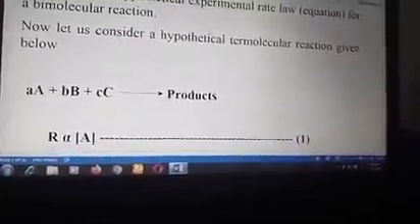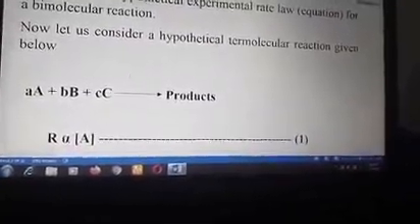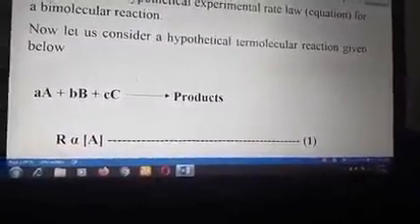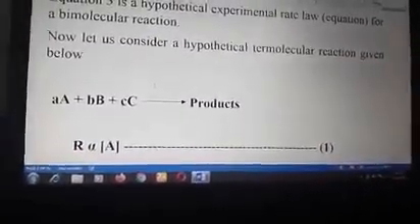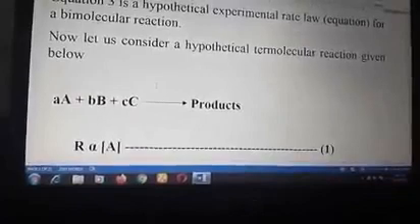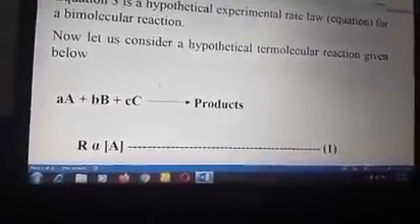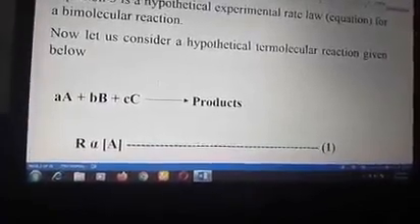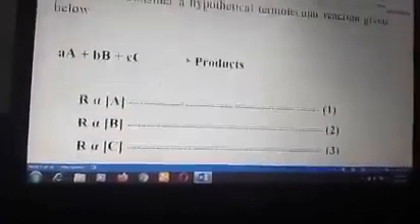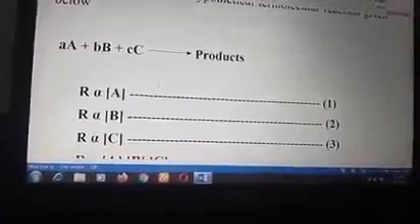Now let's look at a hypothetical example of a termolecular reaction. Termolecular reactions are reactions that involve three different reacting particles. You see capital A, B, and capital C, the reactants, where small a, b, and c are the numbers of moles of each reactant. As we say, the rate of reaction will depend on the concentration of each of the reactants.